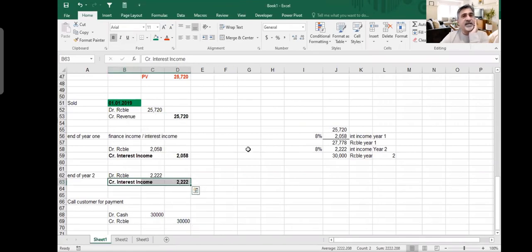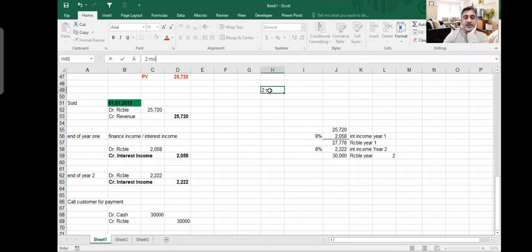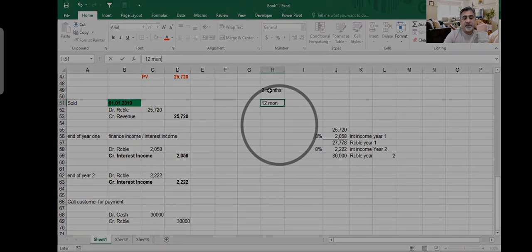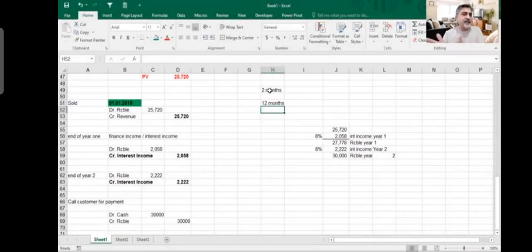And then you ask, if a customer makes a late payment, let's suppose we agreed with the customer that he would pay in 2 months, but then the customer sometimes pays in 12 months. They don't make payment in time, they make delayed payment. Now this 10 months difference, what do we do with that? It depends on your arrangement or agreement with the customer.